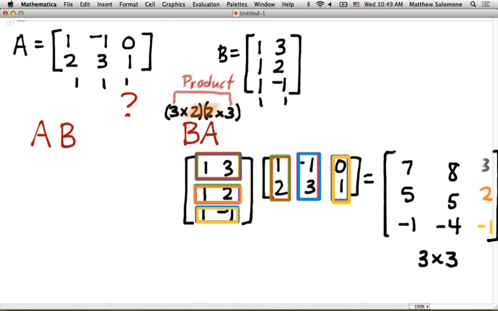But what else is important about this? Can I multiply these matrices in the other order? Can I do the product A times B? A is 2 by 3. B is 3 by 2. How do I know I can do this product? Right, because these dimensions in the middle are the same.